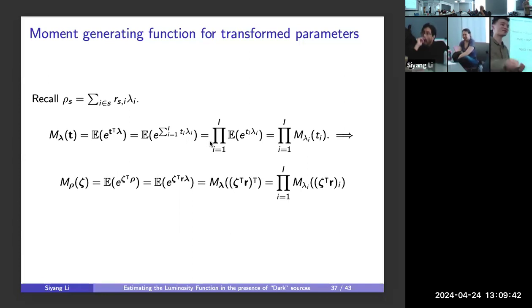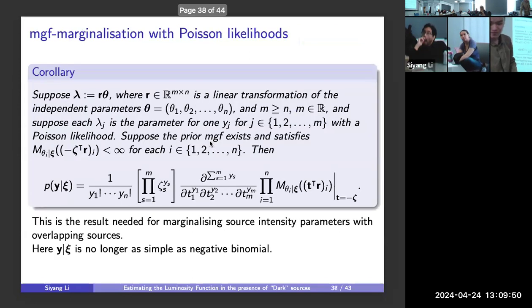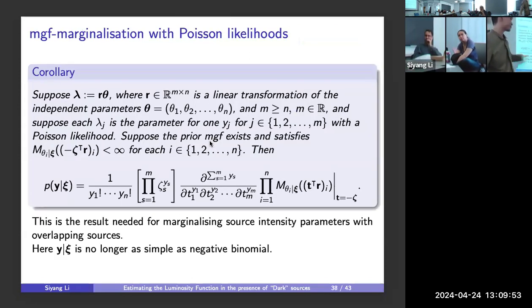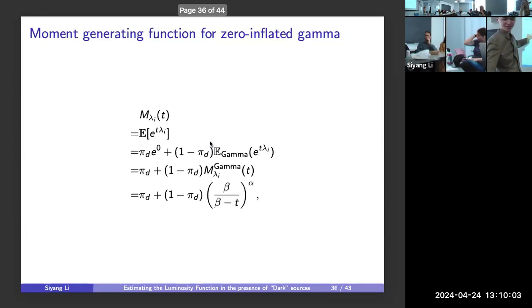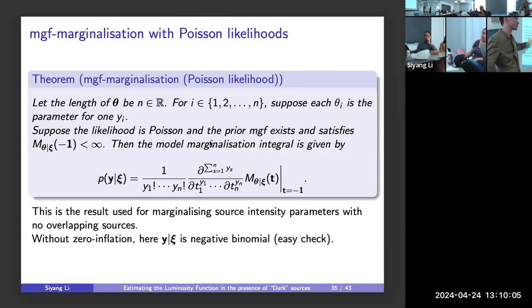It's very hard to derive the distribution for the population of source intensity parameters. So here we go. The first simulation study example shows that this whole theorem works, because the simple simulation study is actually just using this theorem, so it's verified.